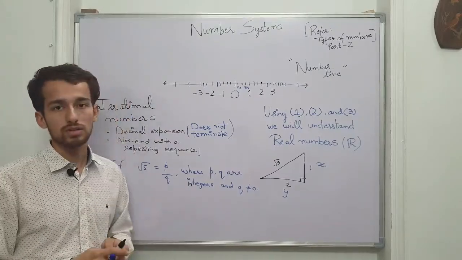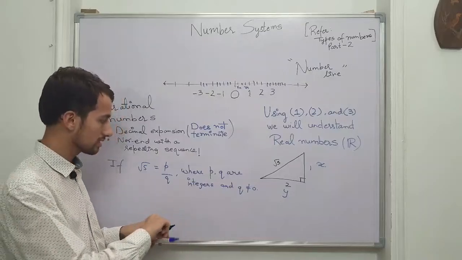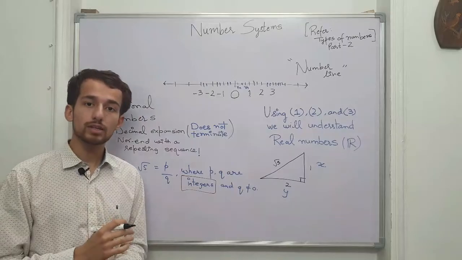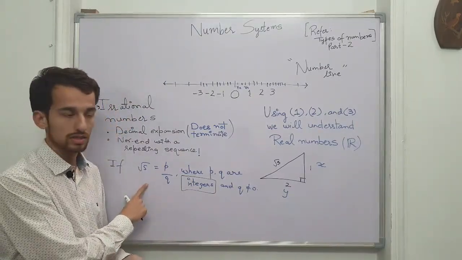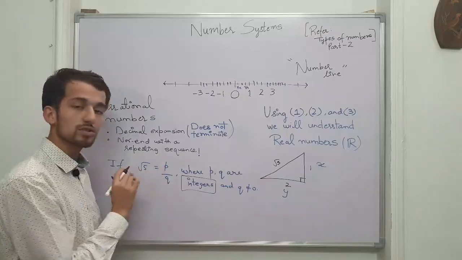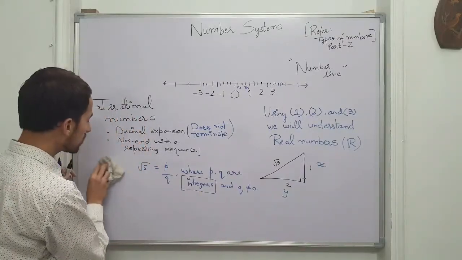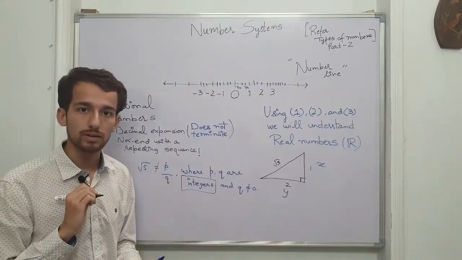But it's not possible for any choice of p and q from the list of integers for which this expression holds. That is, this is not a rational number. So therefore they are not equal.